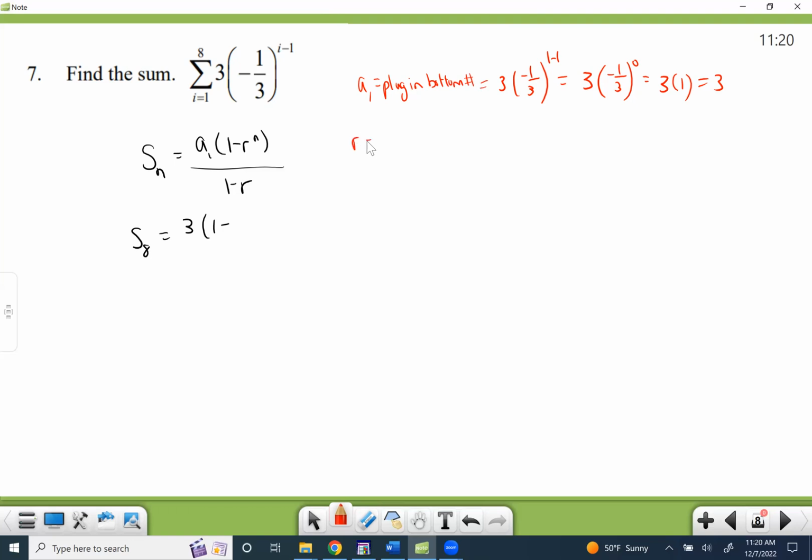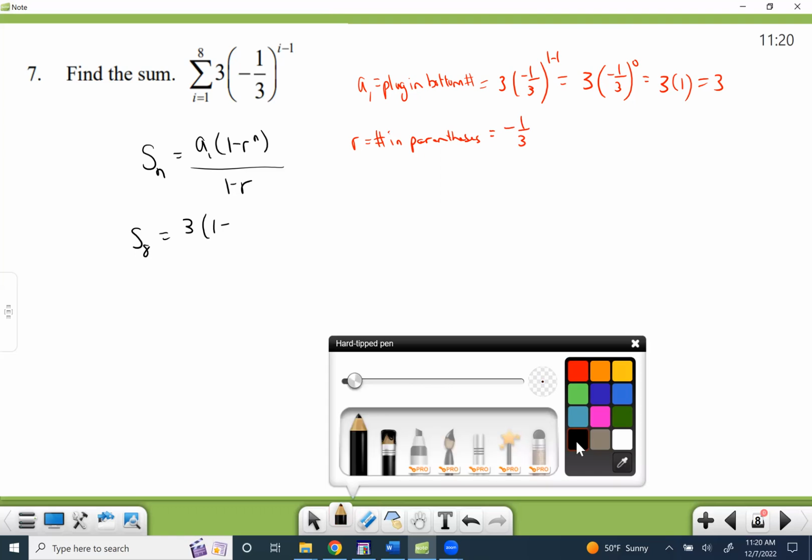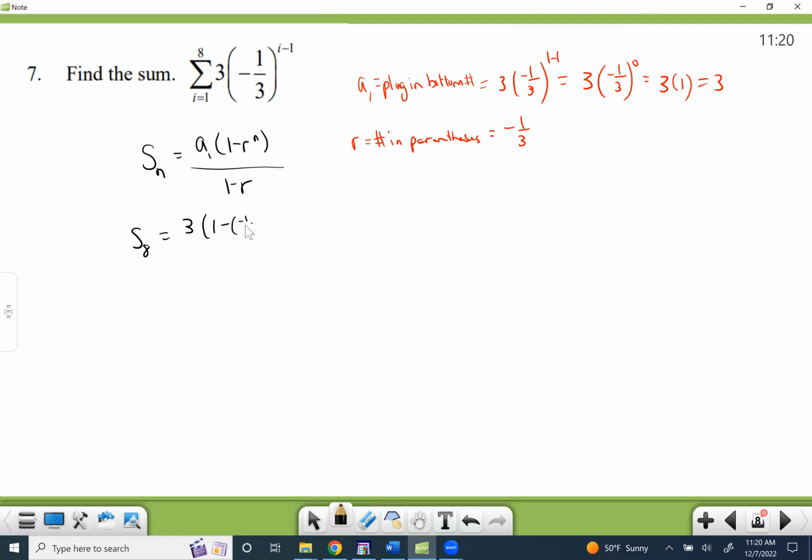To find r, it's going to be the number in the parentheses. So in this case, that would be -1/3. All right, so we've got our r. It's going to be -1/3. We got to raise that to the nth, so raise it to the 8th, over 1 minus -1/3.